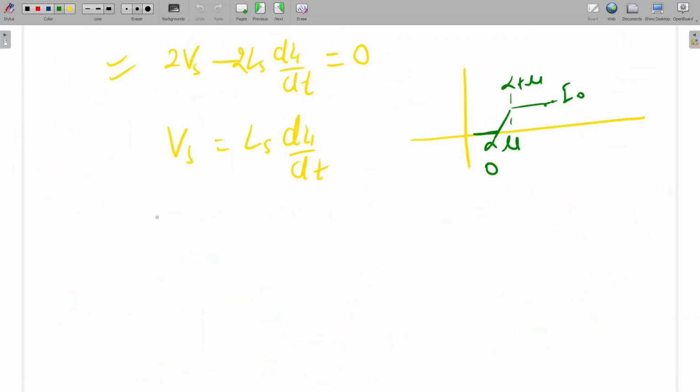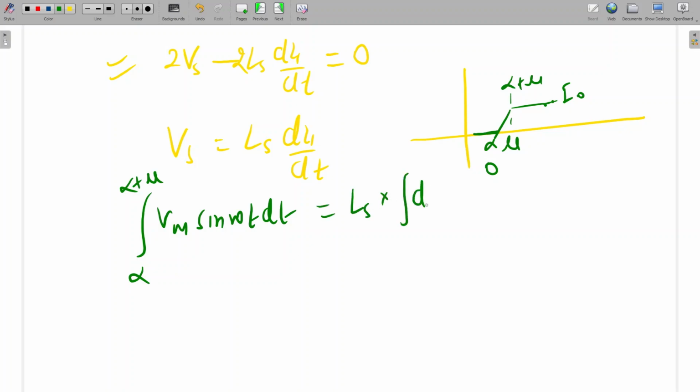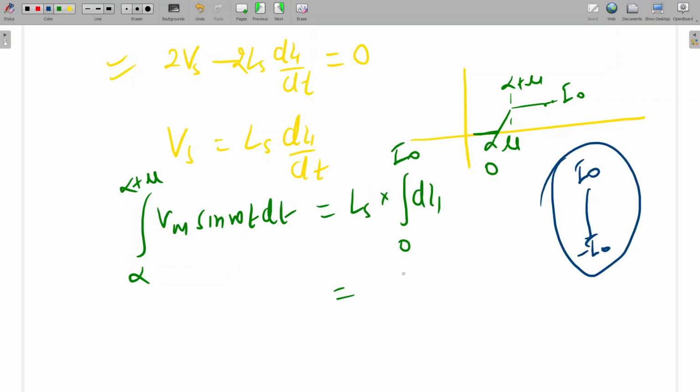So what will be the equation? Vm sine omega t dt, from alpha to alpha plus mu, equals Ls into di1 from 0 to I0. In the first case, the normal full bridge, it was minus I0 to I0. That's why we got 4fLs I0, but here it will be I0 into Ls.